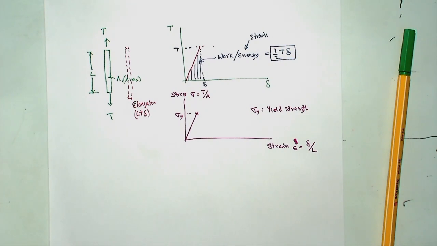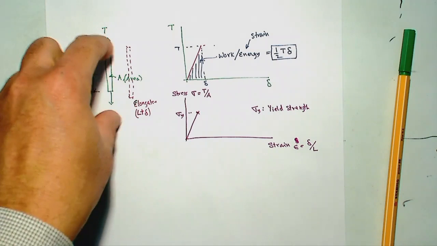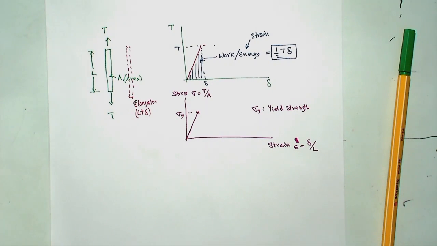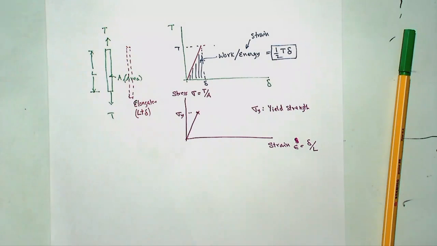Although you don't see so much of an elongation, the machine worked half T times delta, and that energy is stored as a spring or stretching energy within that bar. As soon as you release it from the machine, it would come back to its original shape. So the material would shrink and come back to its original shape.